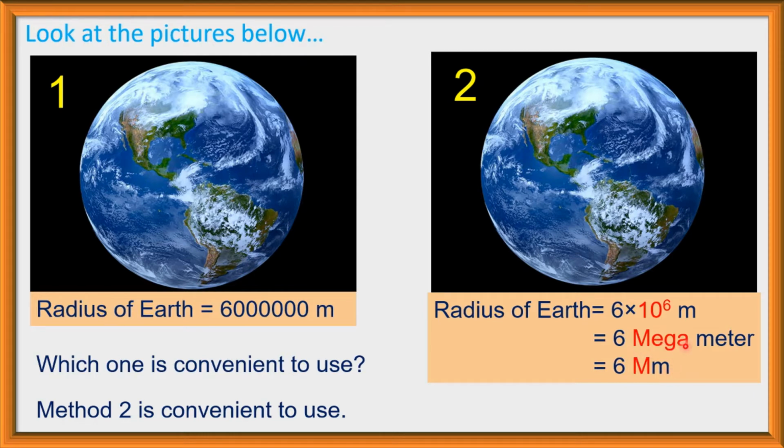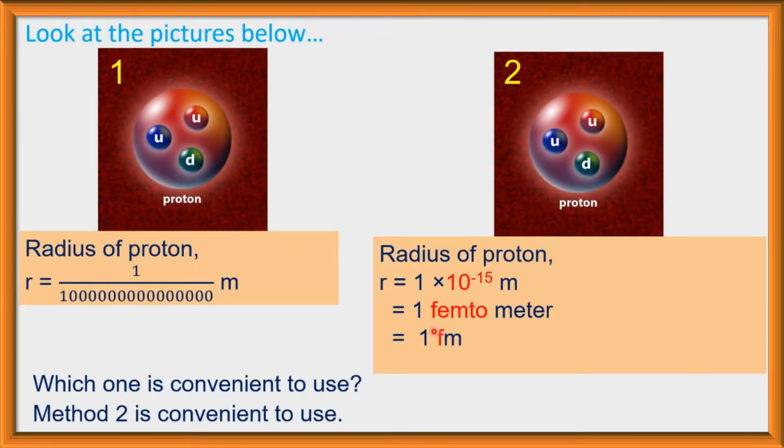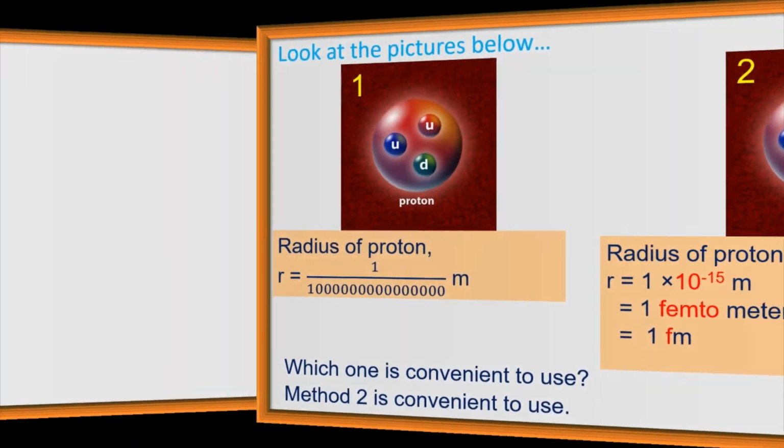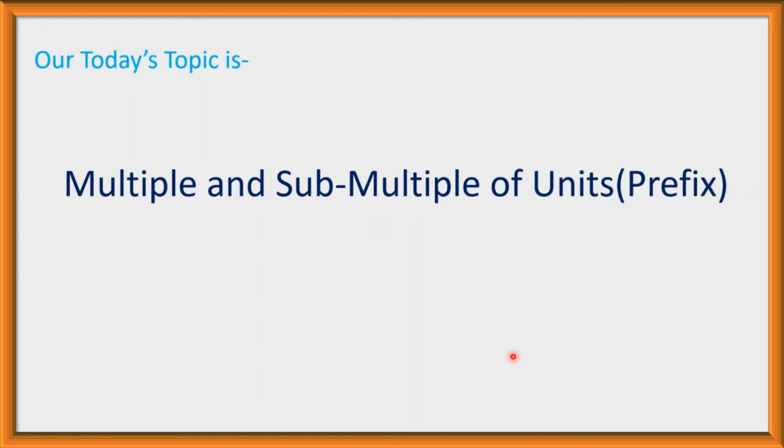Here mega is the multiple of this unit meter. So here femto is a submultiple and mega is a multiple. So our today's topic is multiple and submultiple of units, that is prefix.